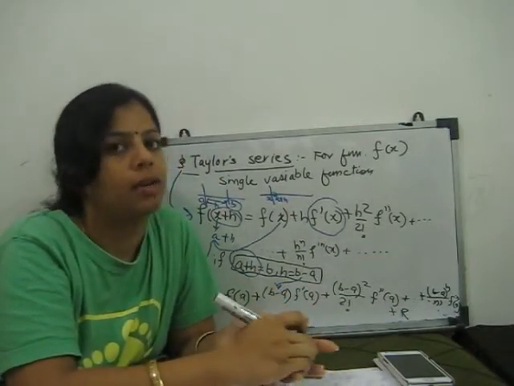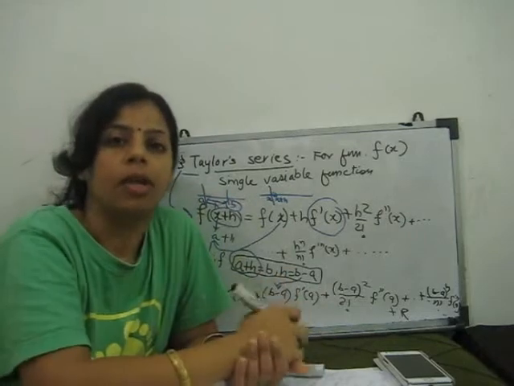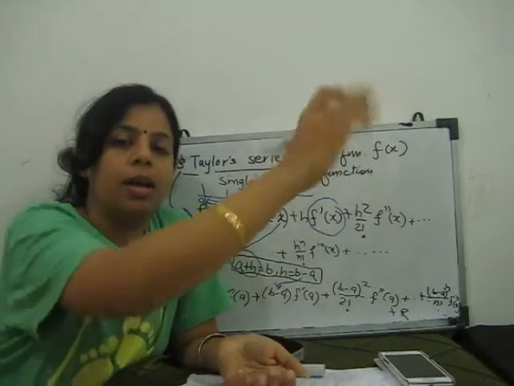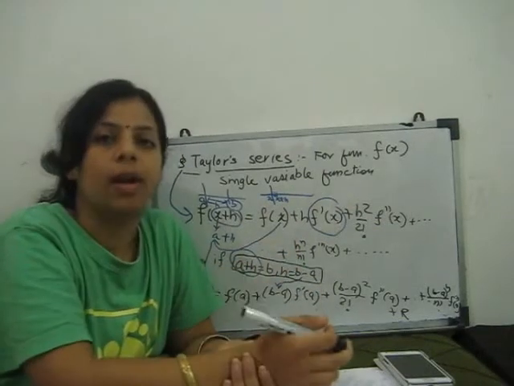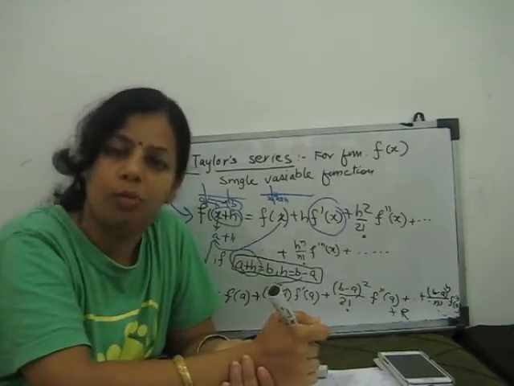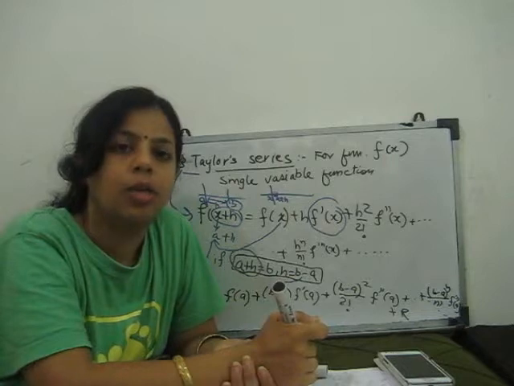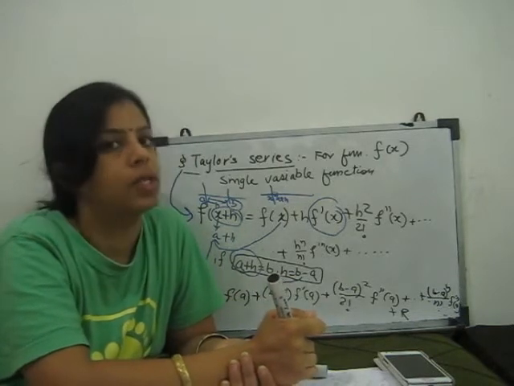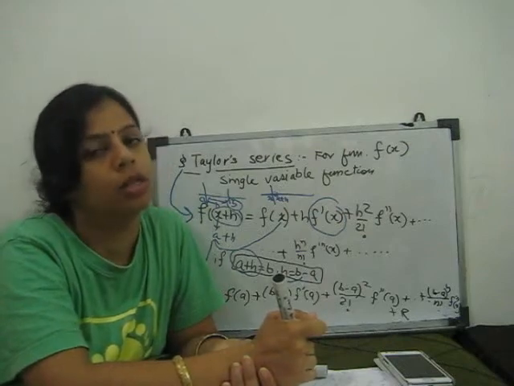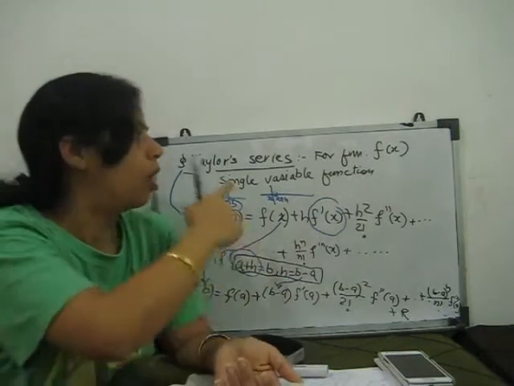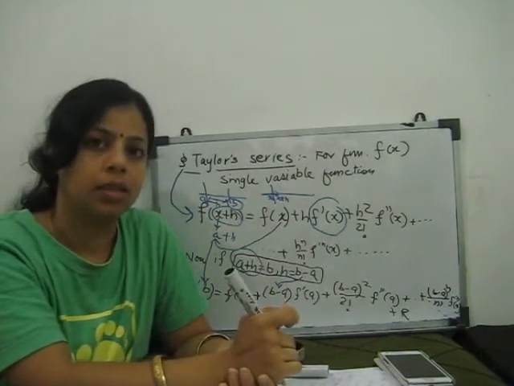We can also calculate remainder terms for the next Taylor series. But now we discuss how to find up to n terms. When you solve problems, you are given a function of a single variable and you have to find at least 3 or 4 terms of this Taylor series.